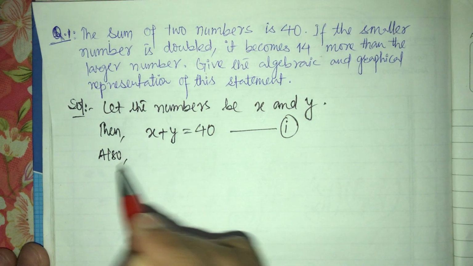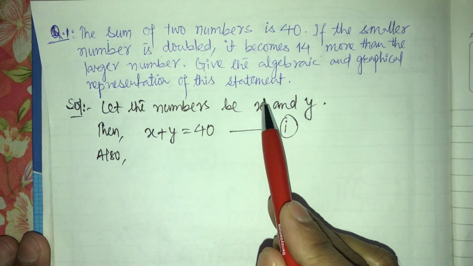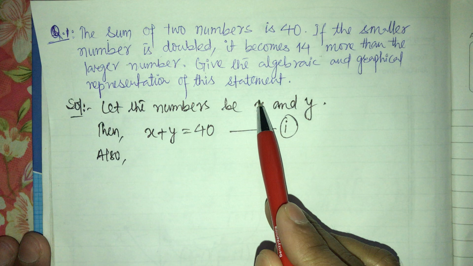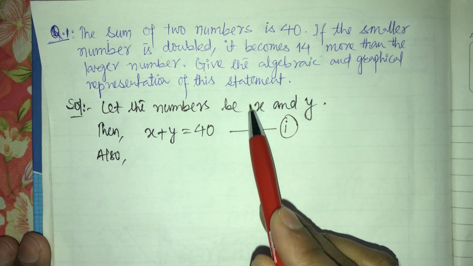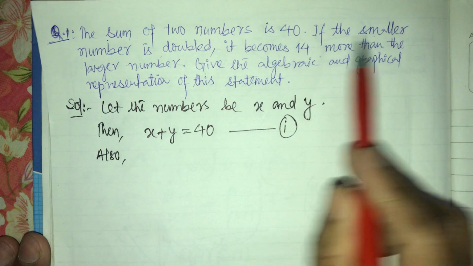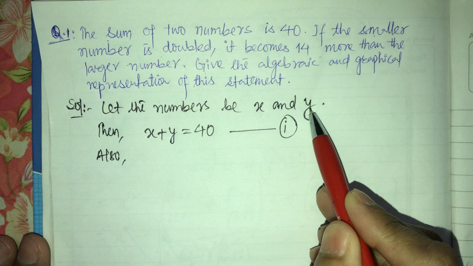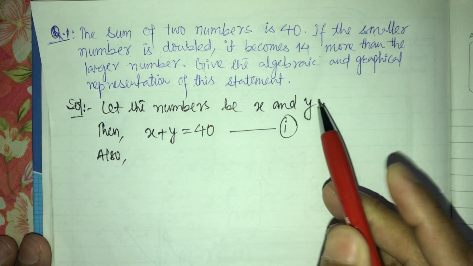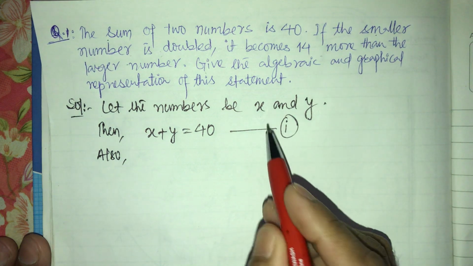If the smaller number is doubled, so if I consider x as the smaller number, then this is getting doubled according to the statement. Double means you just need to multiply by 2.